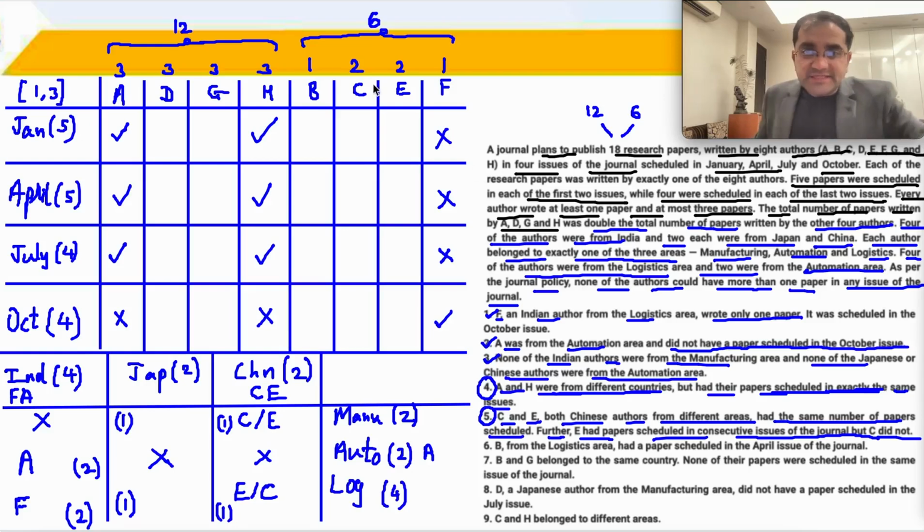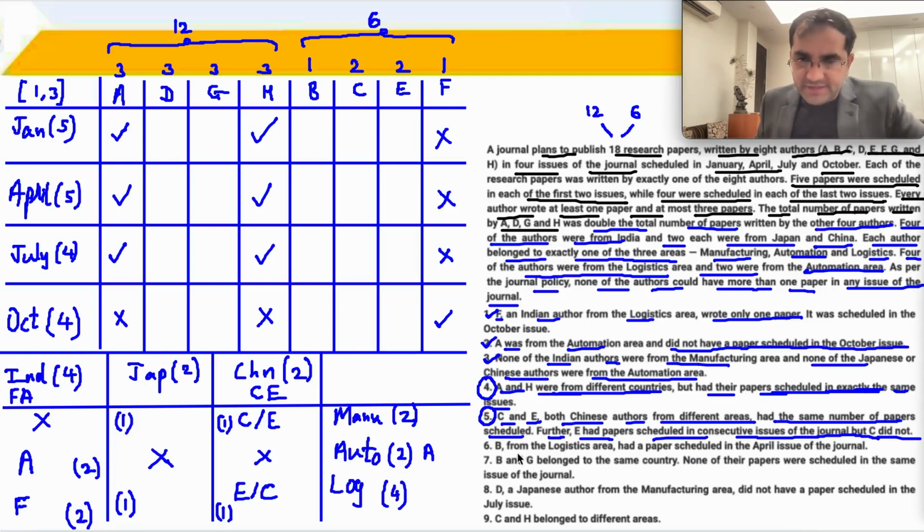Now C and E have two papers. E had papers in consecutive issues, but C did not, so C can be anywhere for now. We're not sure how C and E will be marked, so we'll have to circle this.